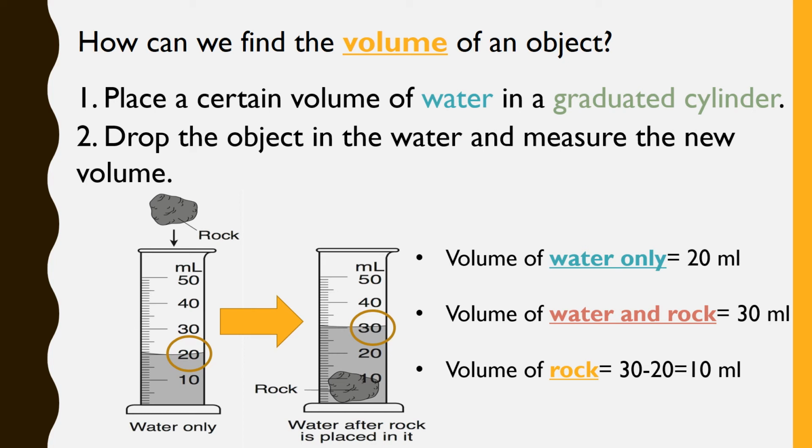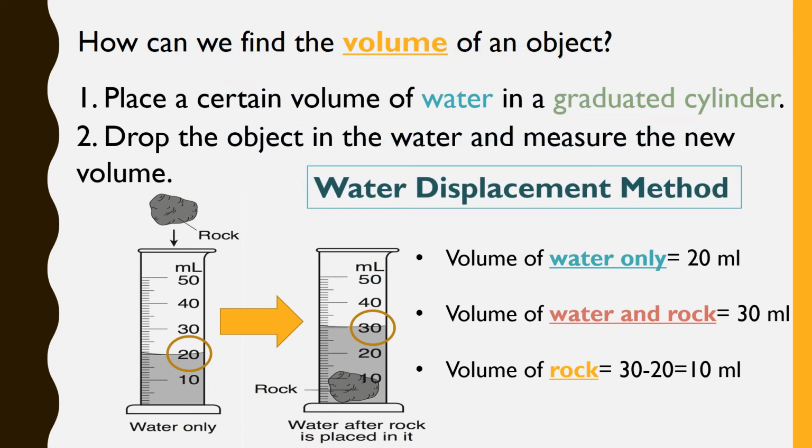Now the water rises up. How much did it rise up? It rises up 10 milliliters. So this extra volume from 20 till 30 is the volume of the rock. The rock made the water rise up 10, so the volume of the rock is 10.